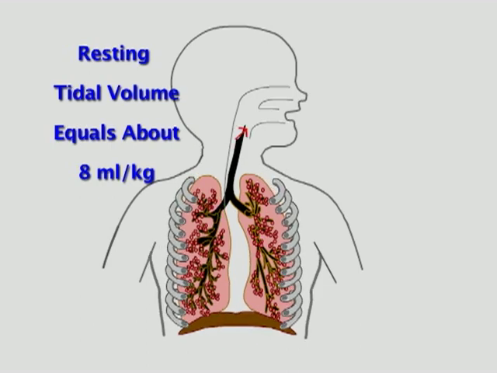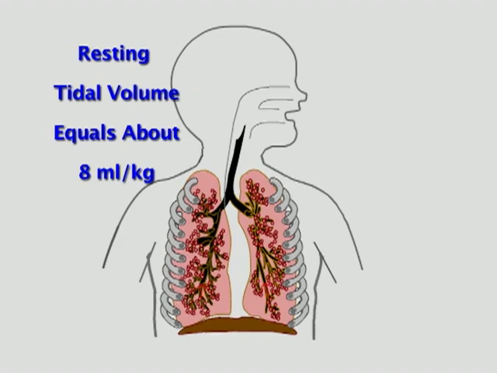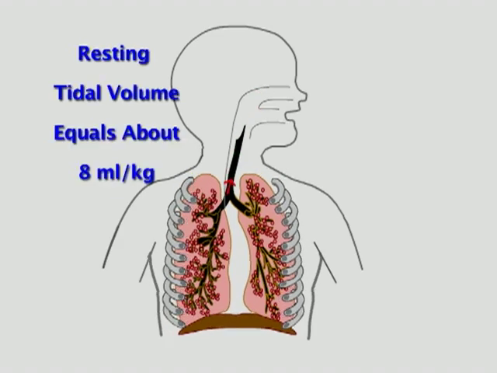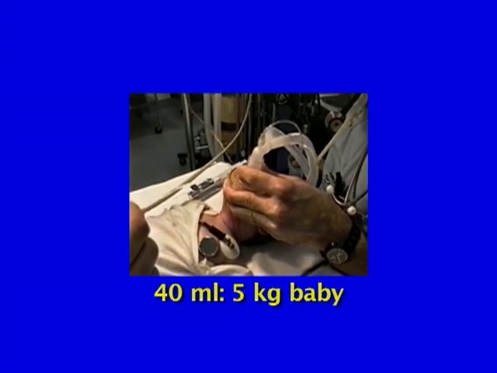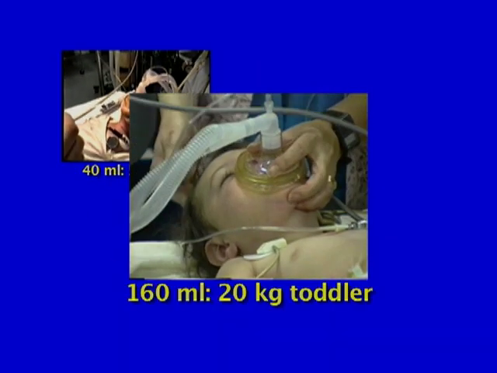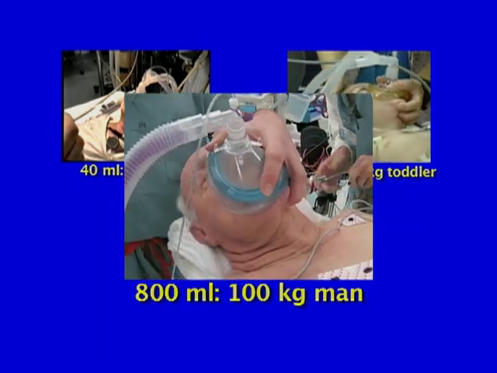A normal resting tidal volume is about 8 milliliters per kilogram of lean body weight, regardless of age. However, this can mean a difference in tidal volume from 40 milliliters for a 5-kilogram baby, 160 milliliters for a 20-kilogram toddler, or 800 milliliters for a 100-kilogram man.